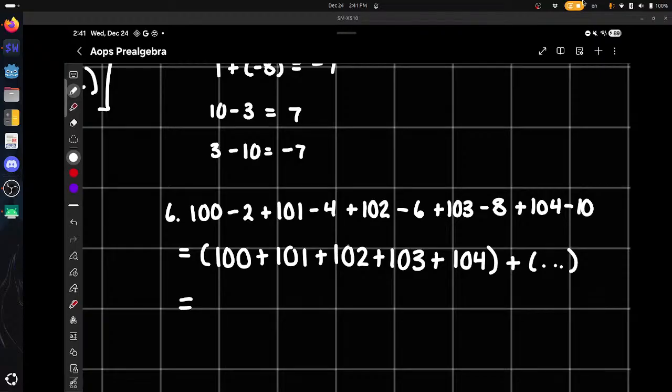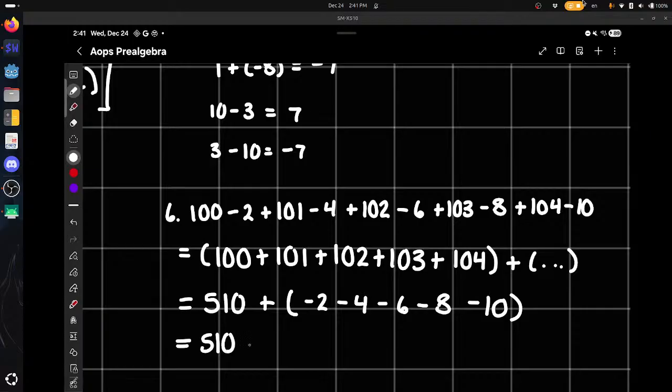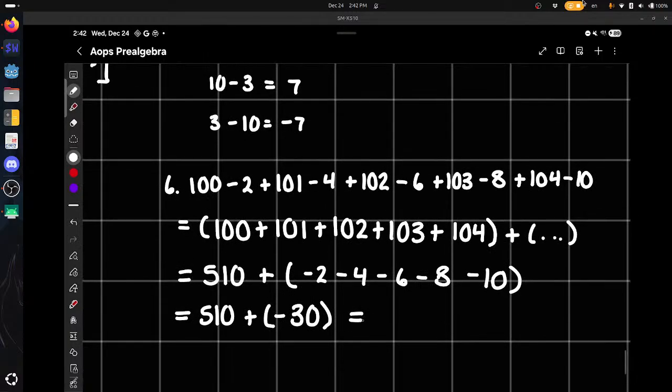This is 3, 6, 10, 510 plus 2, 4, 6, 8, 10. I think we already established that this was -30. So this is 80.